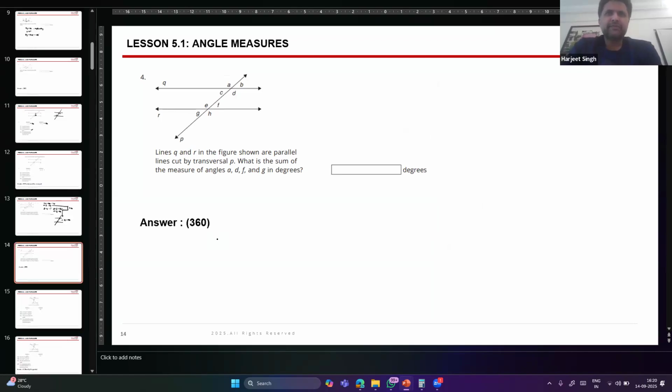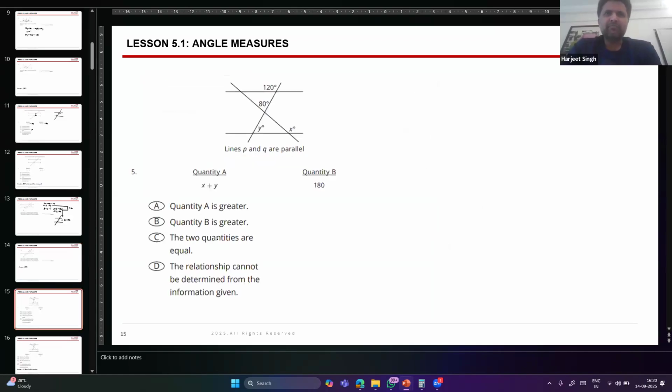Next. P and Q are parallel lines. So this is P and this is Q. And what is quantity A, which is X plus Y? And what is quantity B? 180.